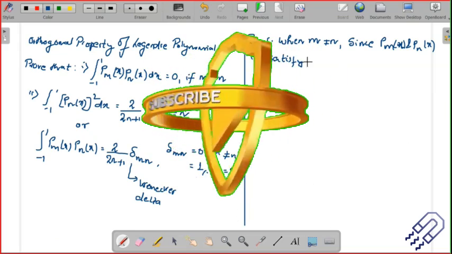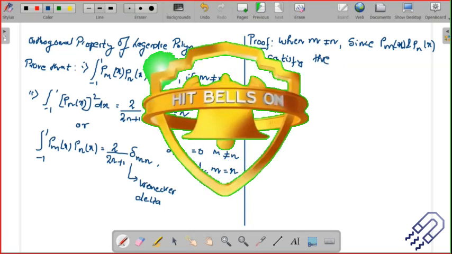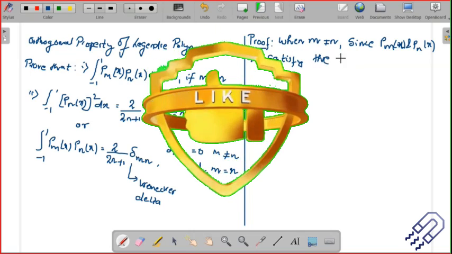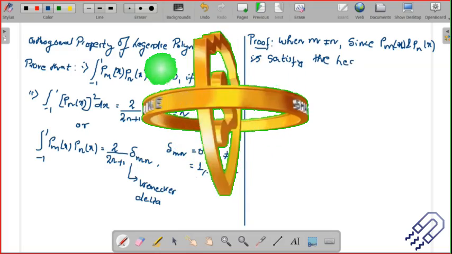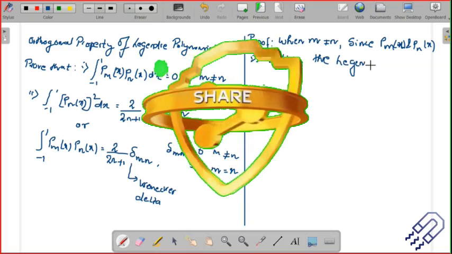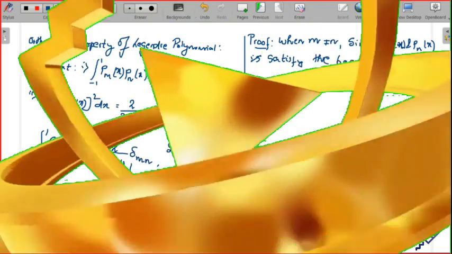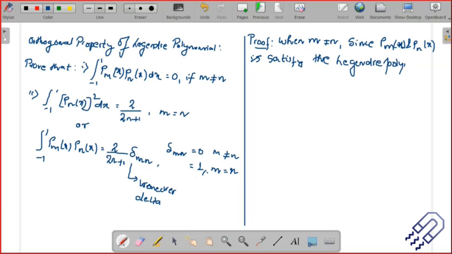Satisfy the Legendre equation. Therefore 1 minus x square, this is our Legendre equation.